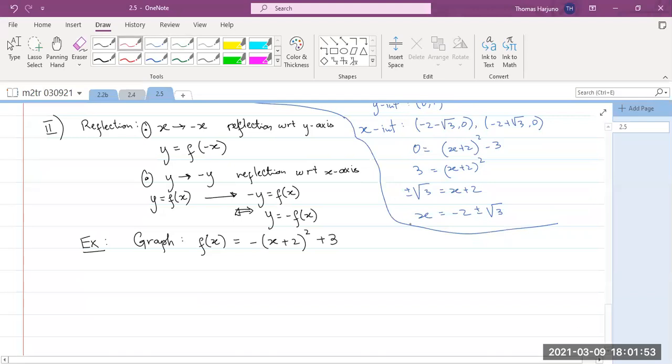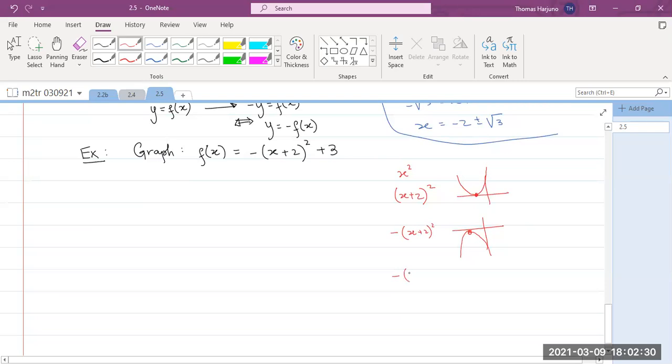Let's imagine the basic function. The basic function is x squared, right? We know what it looks like. And then we move 2 units to the left. So it looks like this now. Now then, having negative right in front of that (x plus 2) squared will make the graph upside down. You reflect that with respect to the x-axis. The vertex is still negative 2, 0 though, but the graph is already upside down. Now then, you move up 3 units.